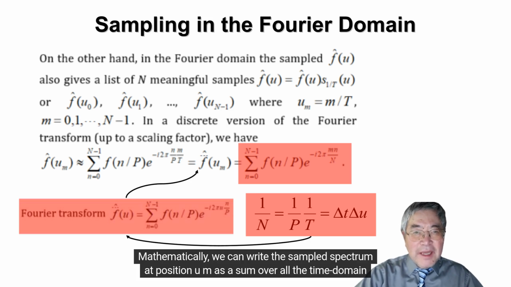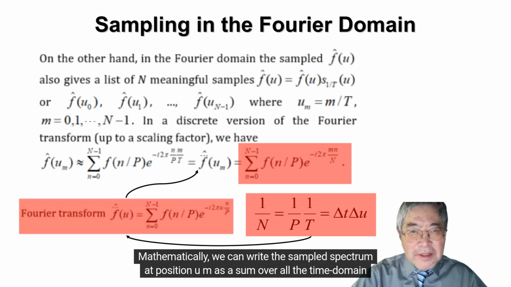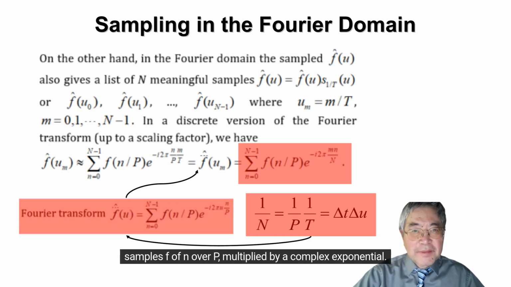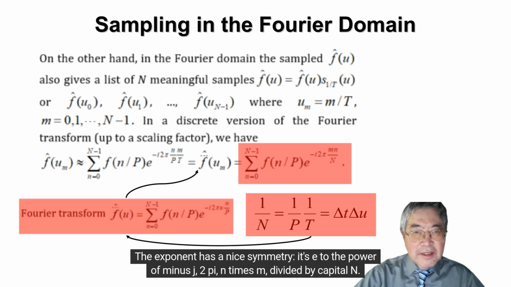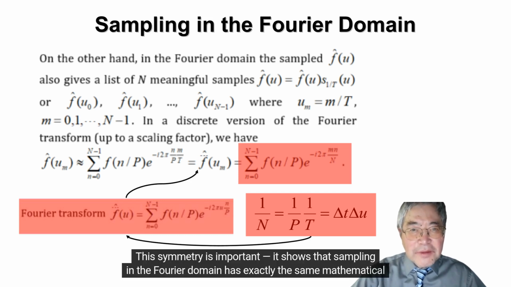Mathematically, we can write the sampled spectrum at position um as a sum over all the time domain samples f of n over p, multiplied by a complex exponential. The exponent has a nice symmetry. It's e to the power of minus j 2 pi n times m divided by capital N. This symmetry is important.